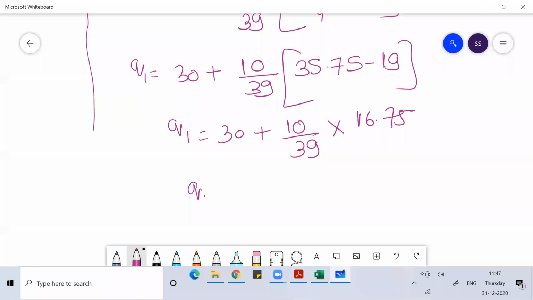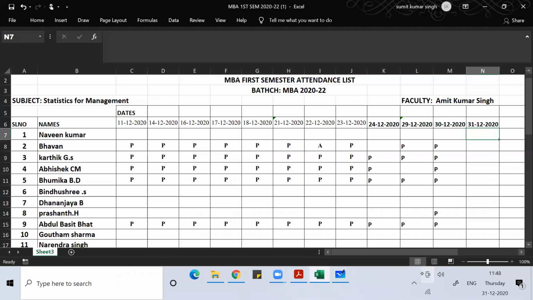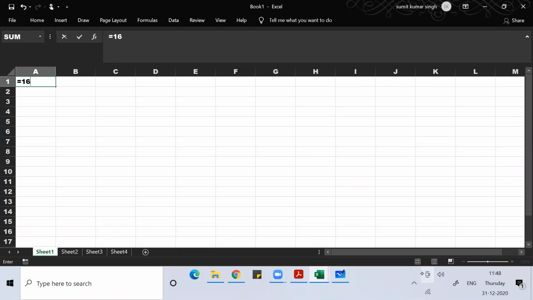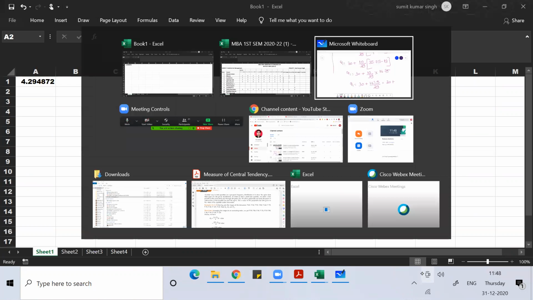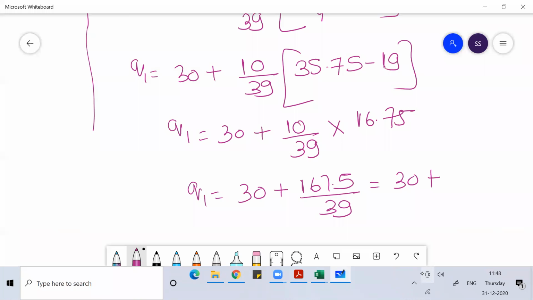So you'll get Q1 as 30 plus 167.5 divided by 39. 167.5 divided by 39 is 4.297872. So the Q1 value is 34.3 something.